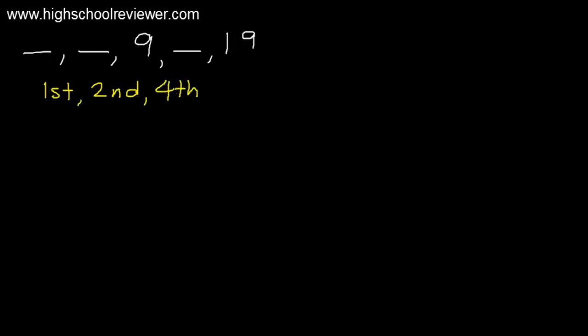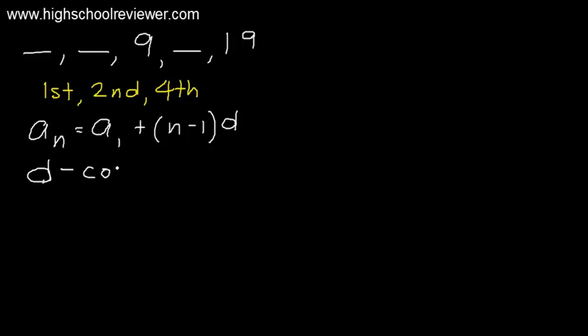So to find the missing terms, the equation that we are going to use will be a sub n is equal to a sub 1 plus n minus 1 multiplied by d. So our d here is the common difference.